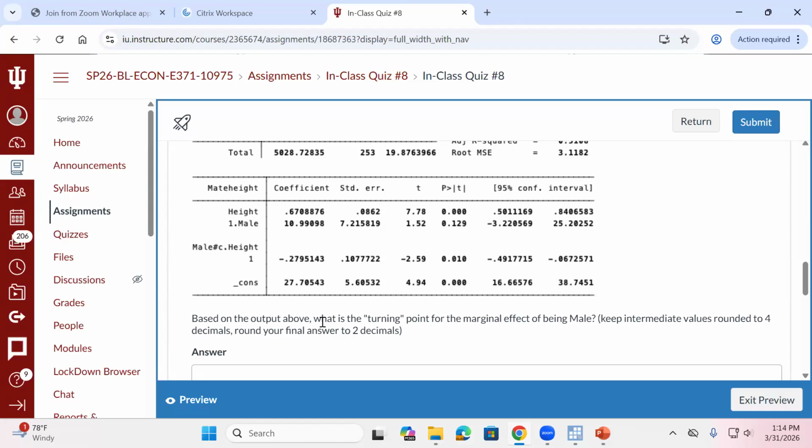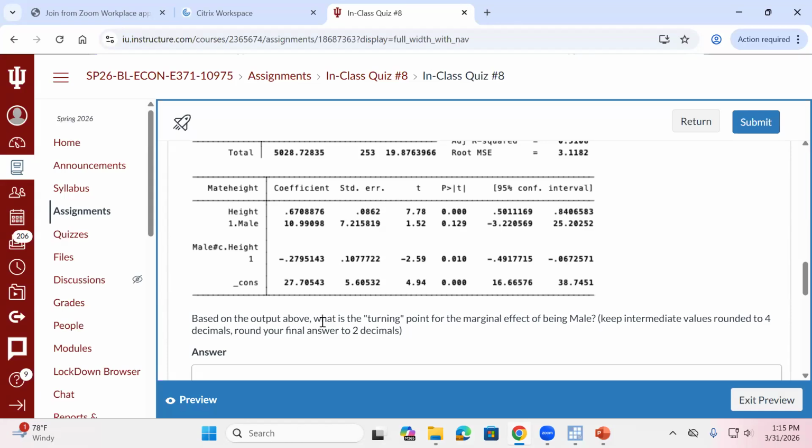Well, I'd have 10.99 minus 0.28 times the individual's own height. If I just rearrange this equation a little bit, I add this to both sides, I'd have what? 0.28 times height. I'll be mundane doing the algebra here. Divide both sides by 0.28. All right, whatever this works out to be, it's going to be something roughly like 40 to 50, somewhere in that range. We can plug in your calculator, figure out exactly where it's at, right?